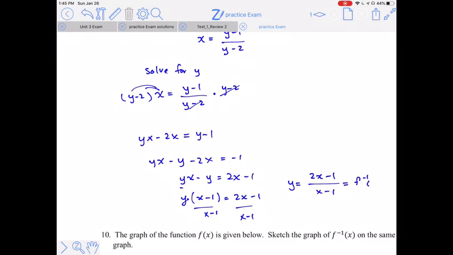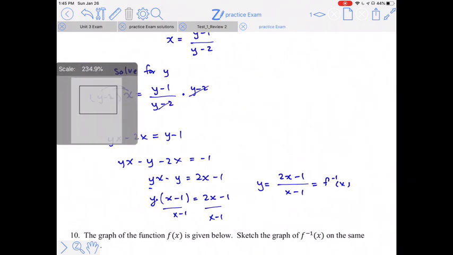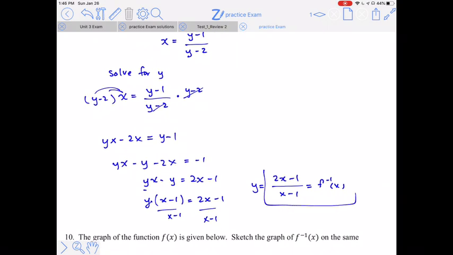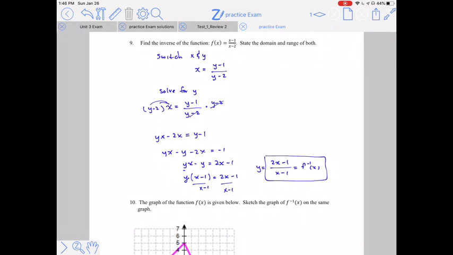And this would be now the inverse of f. Now going back to read the directions, it also says to state the domain and range of both f of x and the inverse of f.